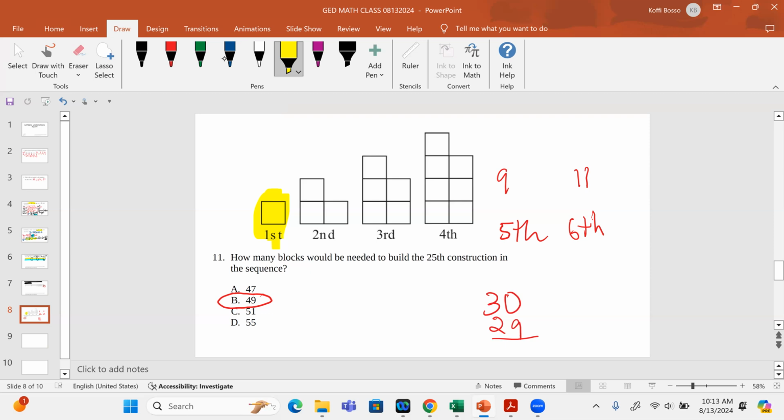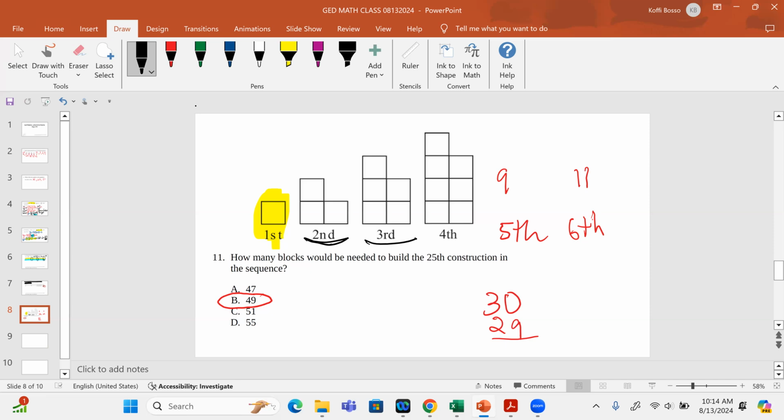So, for second position, what number do you have below 2? 1. So 2 plus 1, 3. You have 3 blocks. For the third position, what number do you have below 3? 2. So 3 plus 2 gives you 5. So the position plus the number below that position gives you the number of blocks.